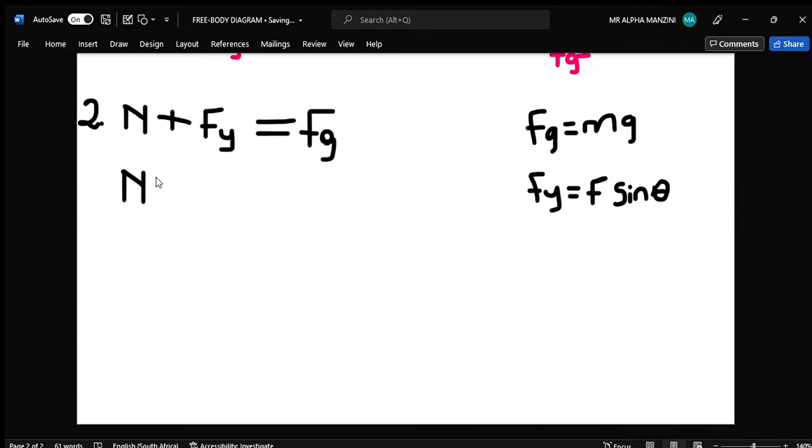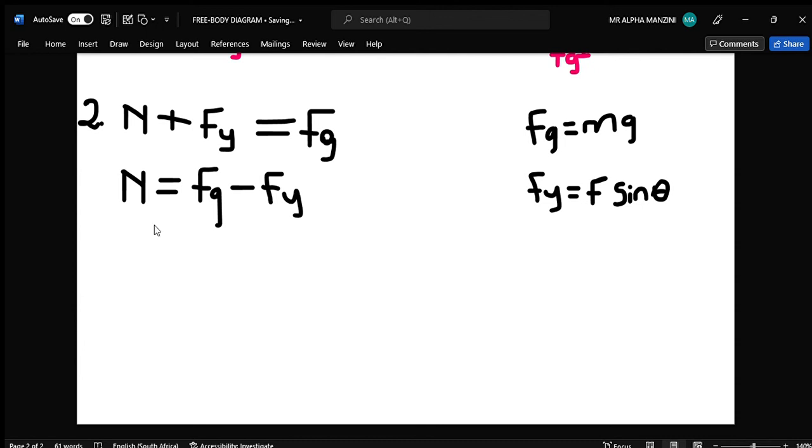So let me say N is equal to Fg minus Fy. To this side it's going to be minus Fy.